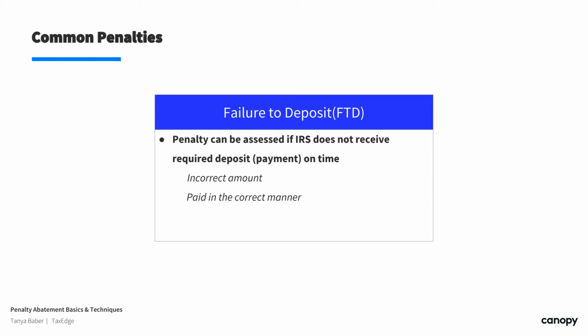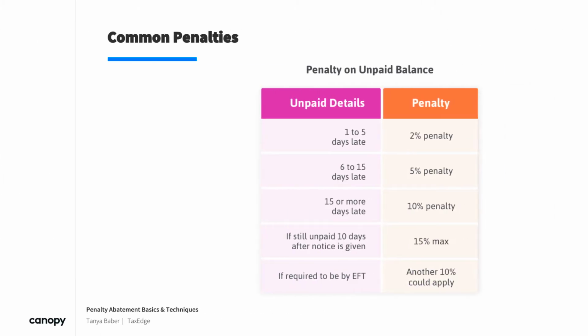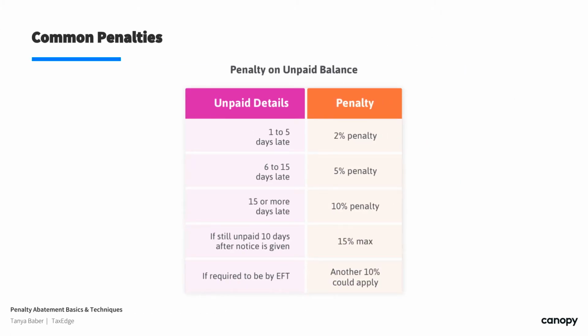That one's based on how many days past the deadline before it comes in. So if it is just 1 to 5 days late, it's a 2% penalty. If it's between 6 and 15 days late, we're looking at a 5% penalty. So this is just a couple weeks' time when you think about it. If it's more than 15 days late, 10% penalty. So it does not take hardly any time for it to rack up very quickly.